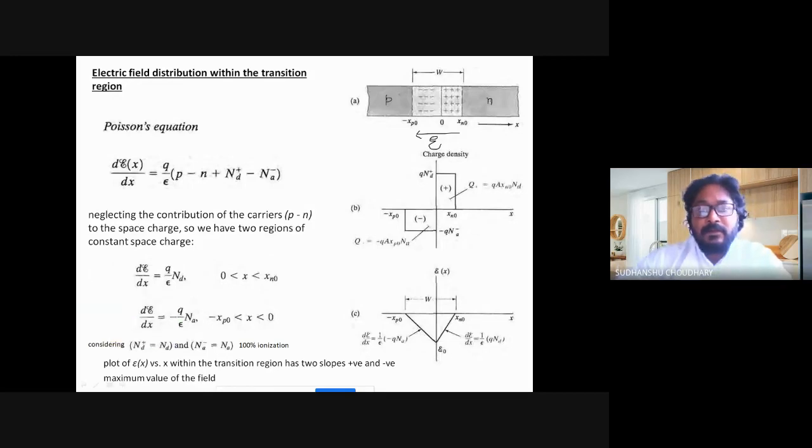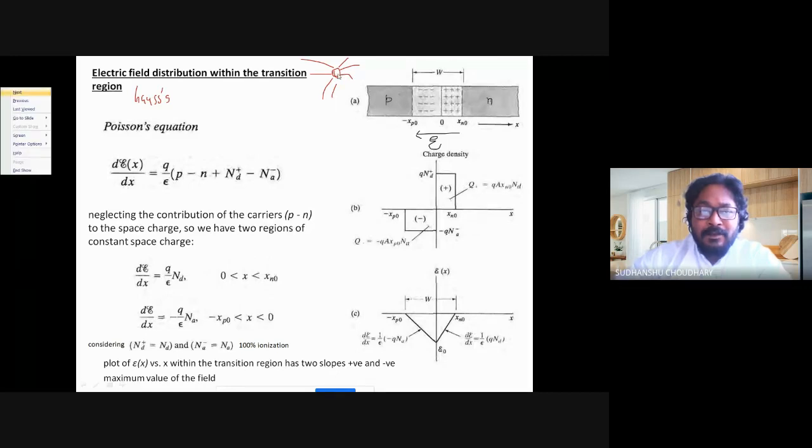Now let us start from Gauss's law. If you remember Gauss's law, it says that the flux due to an electric field through a closed surface is proportional to the charges which are present in that closed surface. So I have a closed surface from which the flux lines are coming out due to an electric field, and these flux lines are proportional to the charge enclosed by this surface.